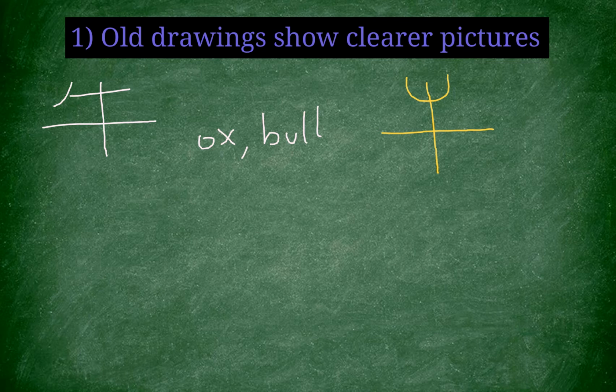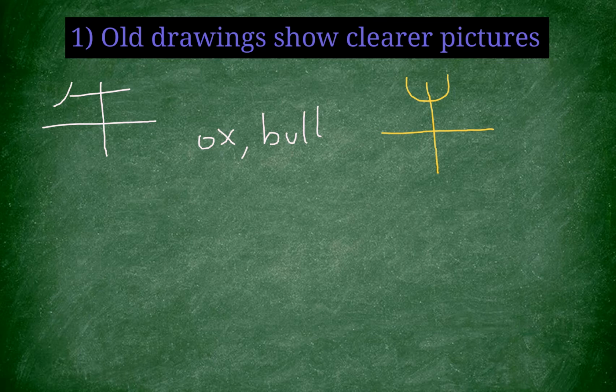So here we have the horns, here we have the head and the trunk, and here we will have the limbs of the bull. So again, that's how the simple Chinese began their pictures, and in the primitive pictures we can see how they look. It looks more like a bull.